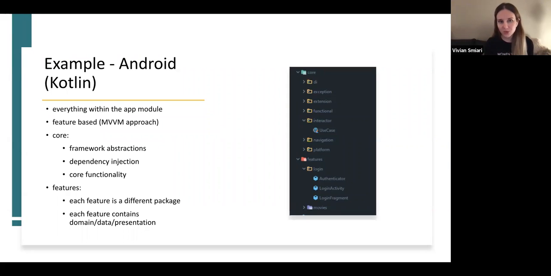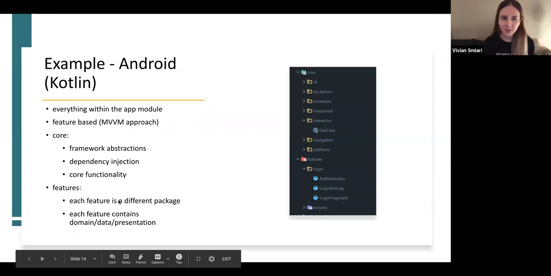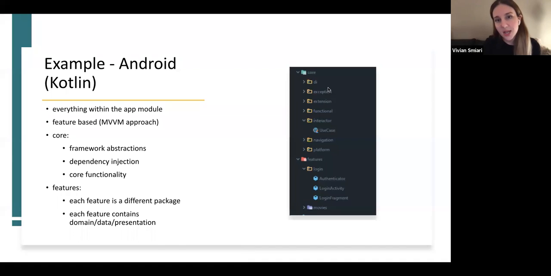We have one module, the app module, and they have applied the MVVM approach. They have also structured it, as you can see here, into a lot of packages, splitting it into the core packages and the features packages. So this approach is more feature-based.